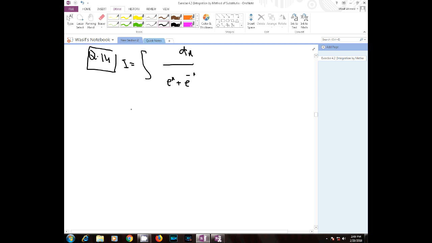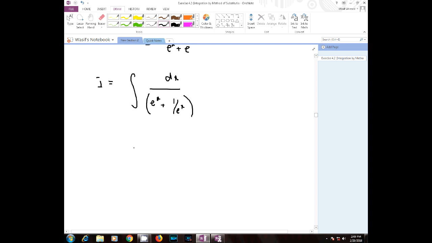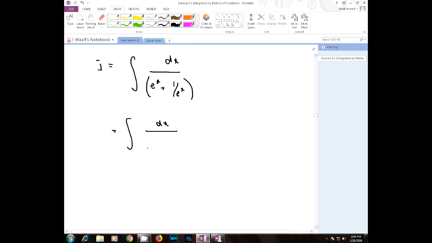There is no square root, so I is equal to the integral of dx divided by e raised to the power x plus 1 divided by e raised to the power x. Apply the LCM, you might get dx divided by e raised to the power 2x plus 1 divided by e raised to the power x.